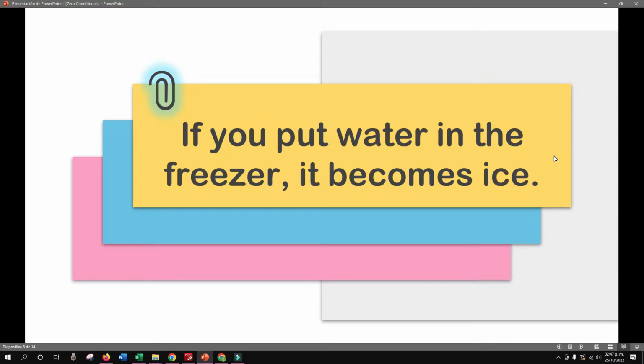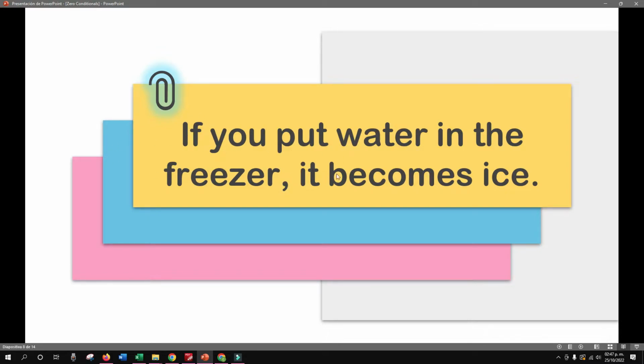Si ustedes decidieran cambiar la posición de estas dos oraciones e iniciar con la main clause, que sería it becomes ice, ¿verdad? Pueden comenzar mayúscula, it becomes ice, y luego la palabra if, sin necesidad de coma.